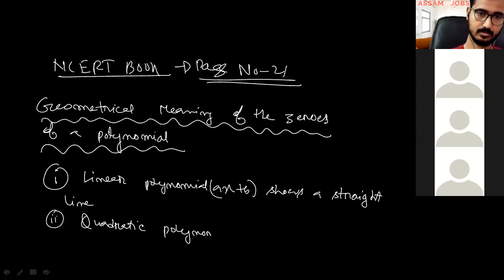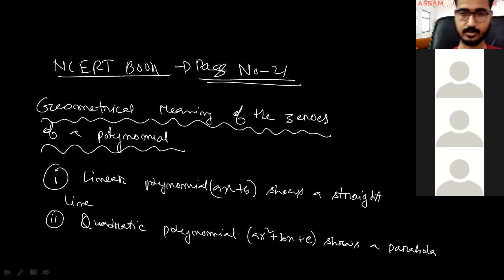First, write down quadratic polynomial ax square plus bx plus c shows a parabola. Do you know what is parabola? The shape of the parabola is like this, parabola.